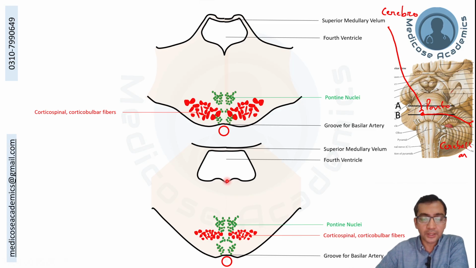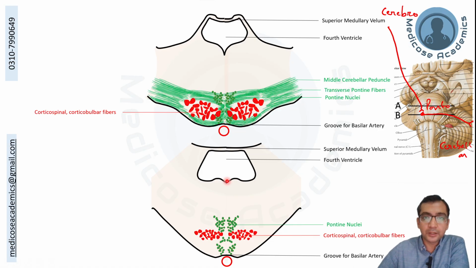These are pontine nuclei, and they will give rise to the pontocerebellar fibers, and they will cross the midline and go to the cerebellum. And these fibers, these transverse pontine fibers, pontocerebellar fibers, are a part of the cerebropontocerebellar pathway, and that's not exclusively them. Some other tracts may also be contributing here.